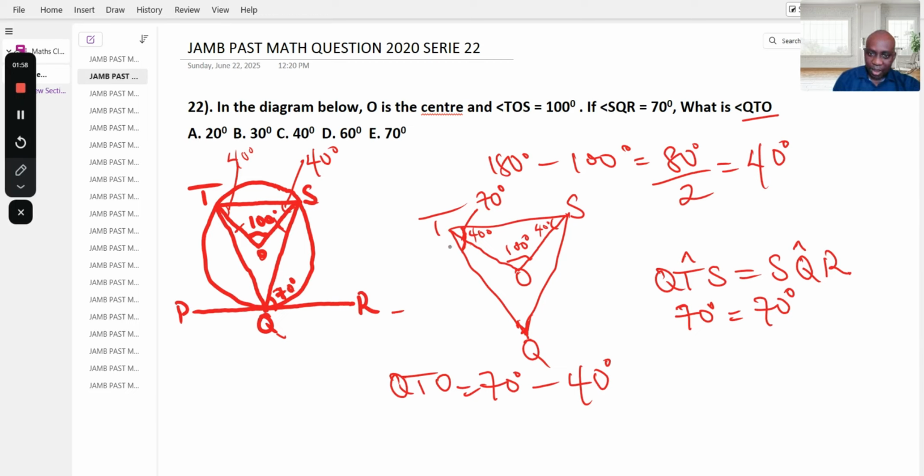Therefore, our answer will be QTO equals 30 degrees, because it is an alternate angle. That's why we have 70 here. When you have 70 at this side, it means that this side QTS is also 70 degrees. This total will be 70 degrees, and we have seen 40 from here, the balance is 30.